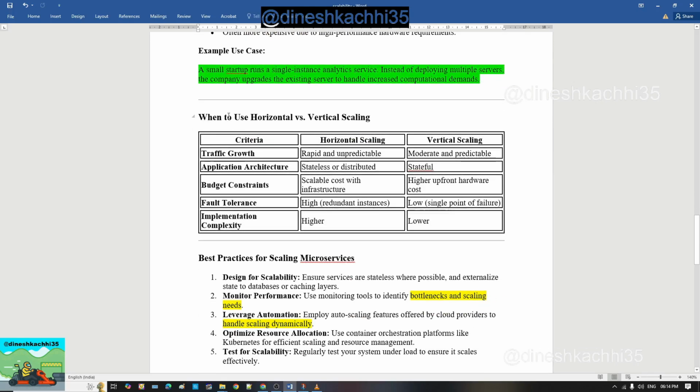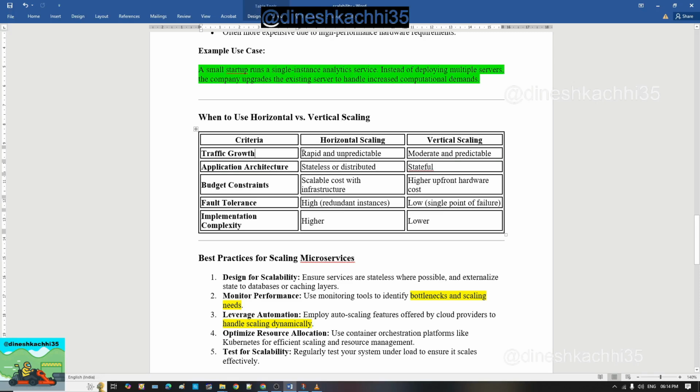Now the next point is when to use horizontal versus vertical scaling. For example, the first column is the criteria: traffic growth.